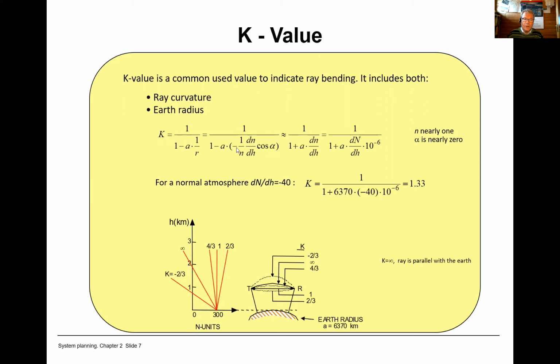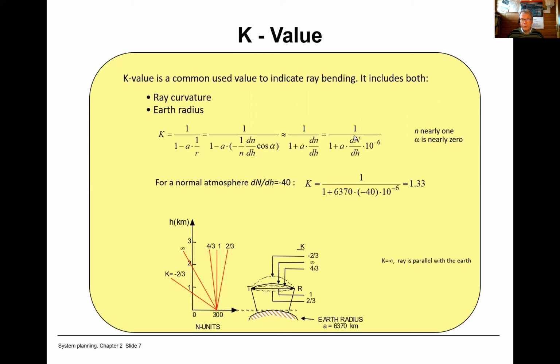And that is given by minus 1 divided by small n, dn/dh cosine alpha, and since we are shooting close to the horizontal, this cosine is equal to 1 because this angle is roughly 0, and then we can approximately set this equal to dn/dh because n was quite close to 1, and then you get this formula, and then you put in dN/dh with a big N instead.